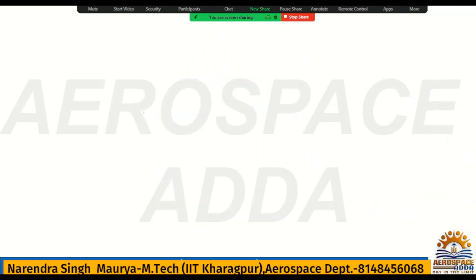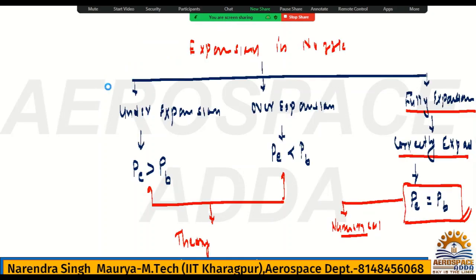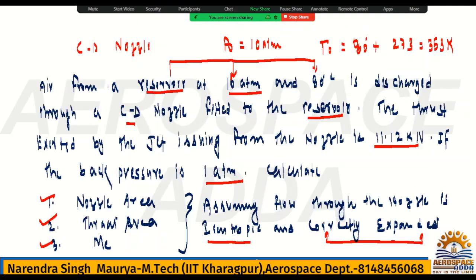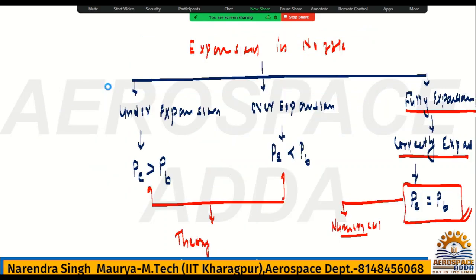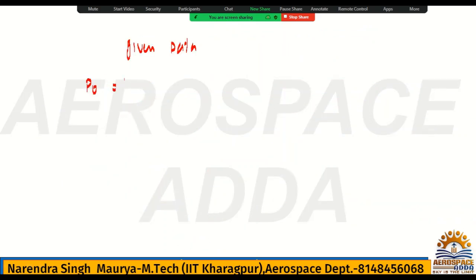All right, so we'll write all the given data first. What are the given data? P naught, please write all the values here. P naught is 10 atm, T naught is 353 Kelvin.